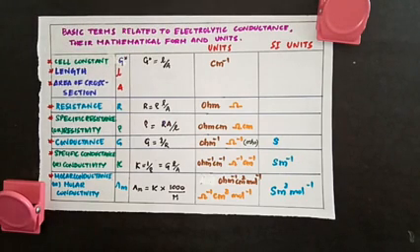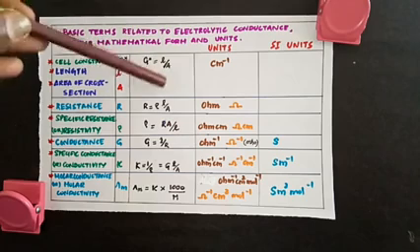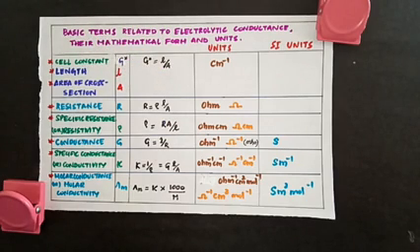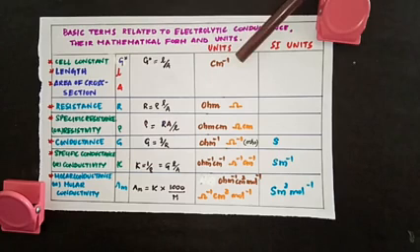Cell constant is equal to L by A. L is the length of the conductor and A is the area of cross section of the conductor. So L by A gives you the cell constant, and the unit of cell constant is centimeter inverse.